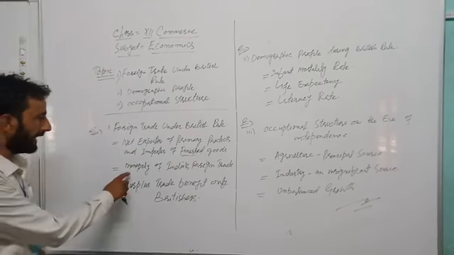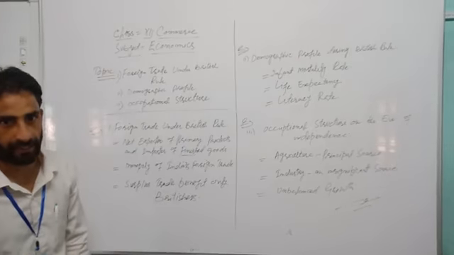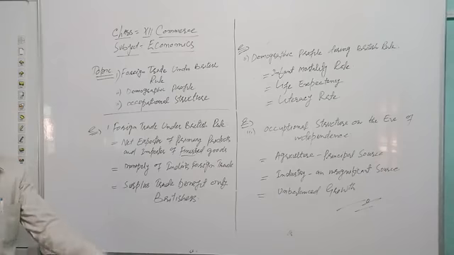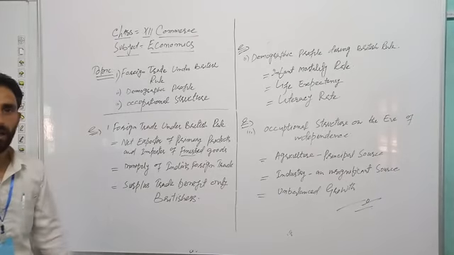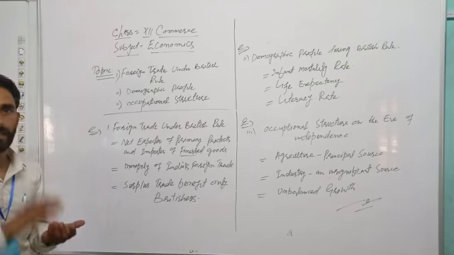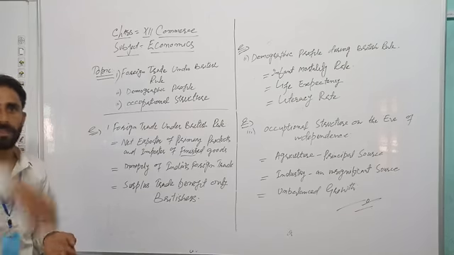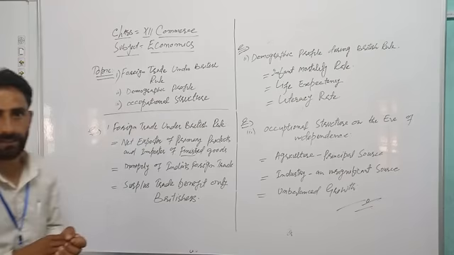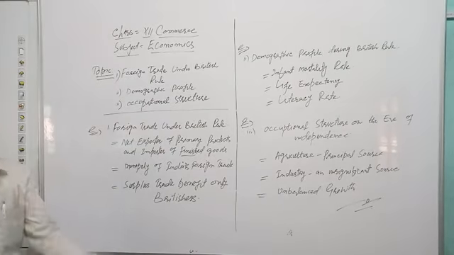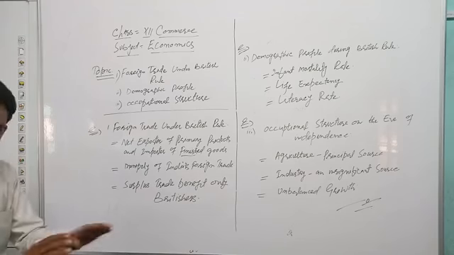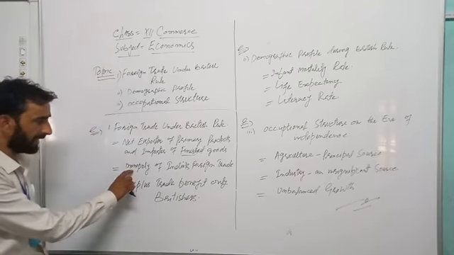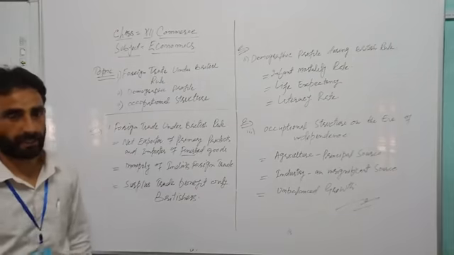Secondly, monopoly of India's foreign trade. Britishers took whole control of foreign trade in their own hands. Whatever raw material they desired was exported to Britain, and after the production process, the finished goods were returned and given to Indian people. That is the monopoly of India's foreign trade.